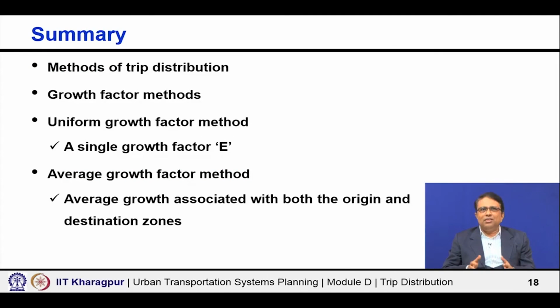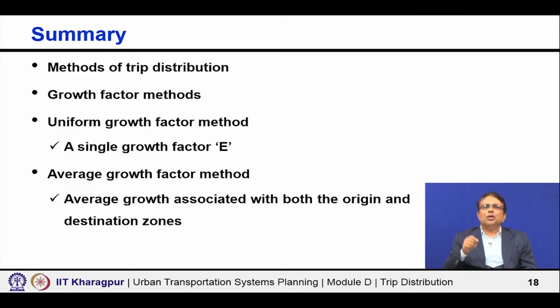So, to summarize, we discussed in this lecture two broad methods of trip distribution, the growth factor based method and the synthetic method. We did not discuss them in detail, but we just mentioned that there are two broad approaches for modeling. Then we discussed what we really do in the growth factor based method.